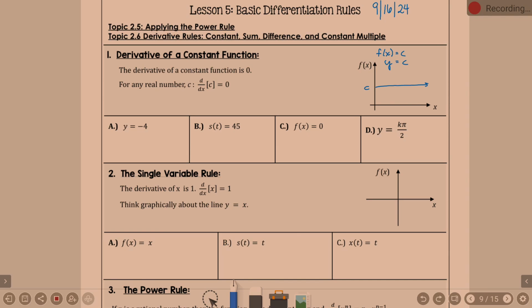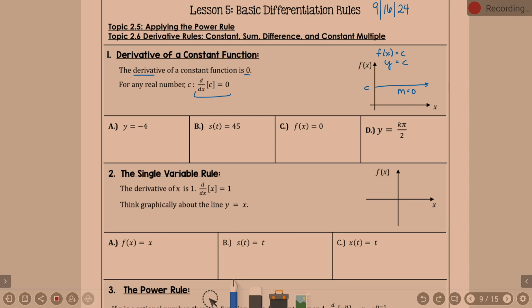So thus, what do we know? The derivative is 0. Now, this is one way you'll see derivative expressed. This is saying d dx of c is equal to 0.